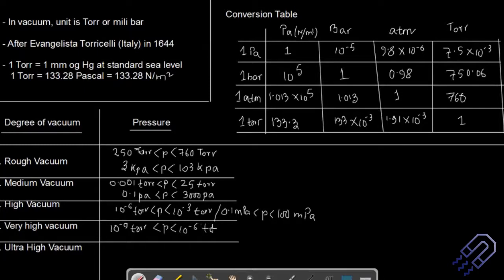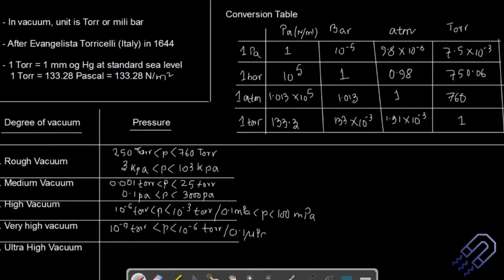So what happens is that there is a very fine line. This is 10 to the power minus 6, and as soon as it starts going lower than that, you are moving towards very high vacuum. If you want to go to such ranges of vacuum, you definitely need devices which will cost you more.